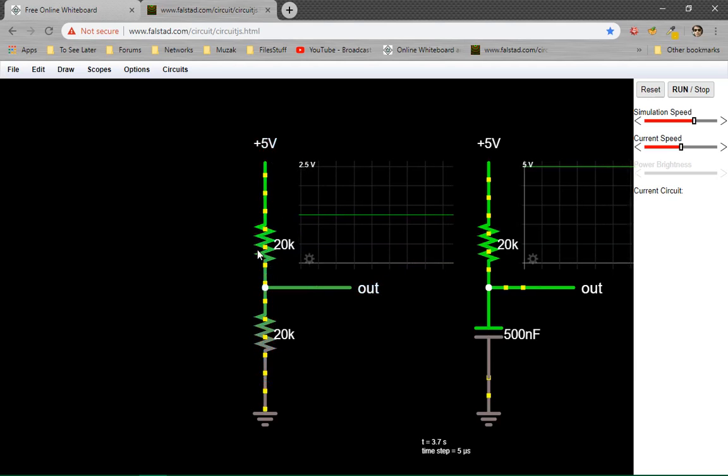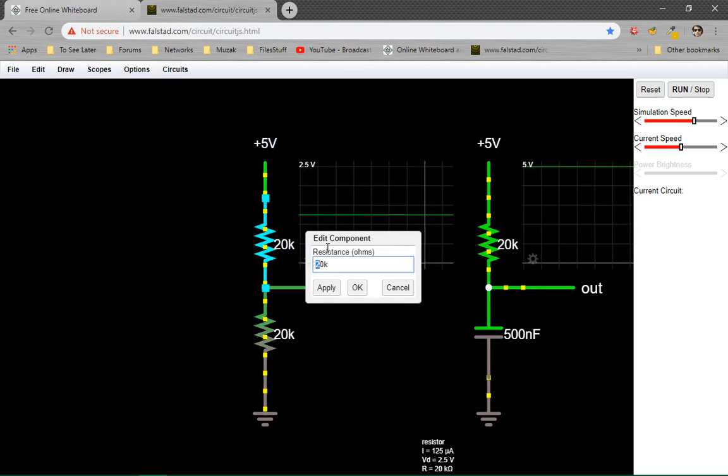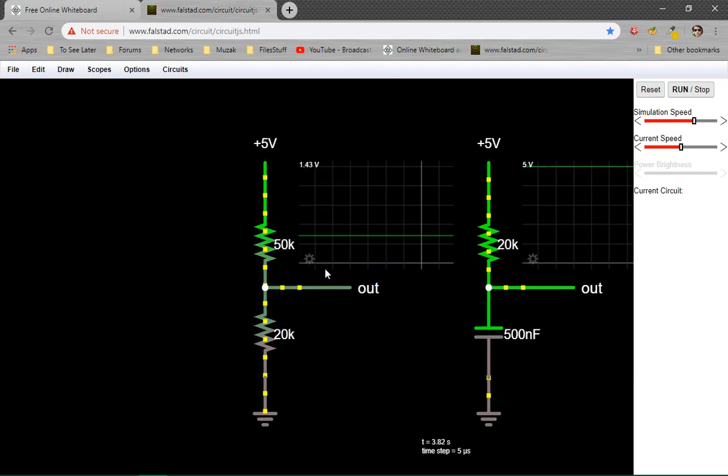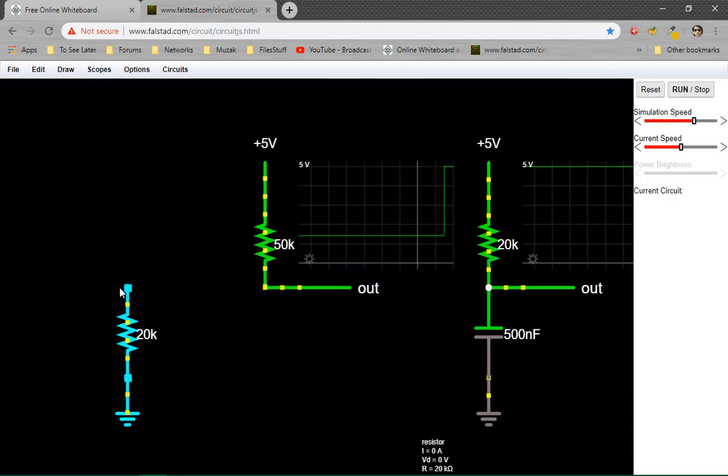If this resistance is higher, like 50, then the output seems closer to the ground, so you have a lower voltage. And so what else could I tell you about that? Well, one thing that might mislead a beginner is that resistors don't actually change a voltage. You see 5 volts when it's just a resistor.